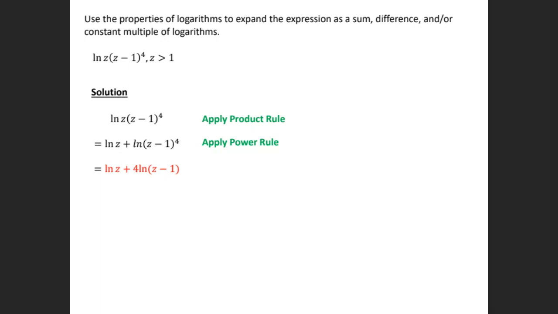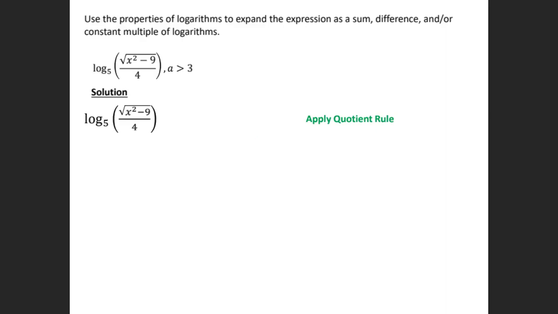We missed it on one of the slides. All right, so we have natural log of z plus 4 times the natural log of z minus 1. And I'm done. I cannot go any further. I expanded. I went from 1 log to, on this particular one, 2 logs. And again, we want to get rid of all of our exponents because the problem says constant multiples of logarithms, okay? All right, I like this one.